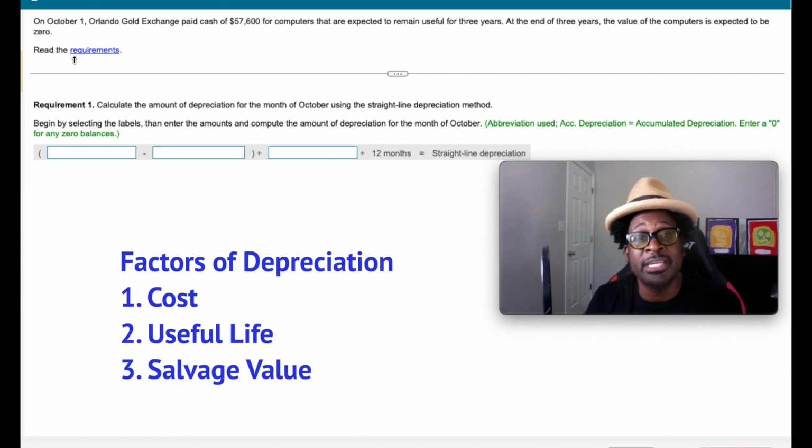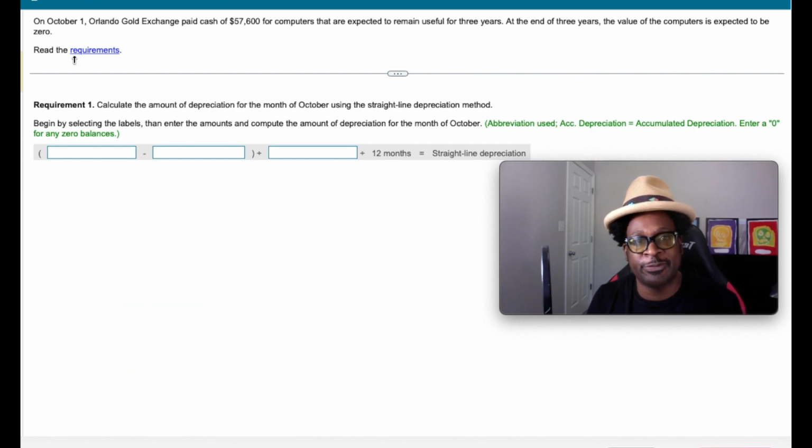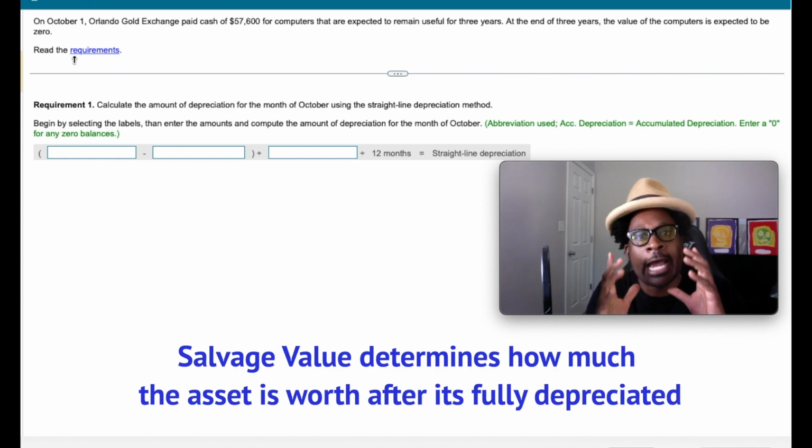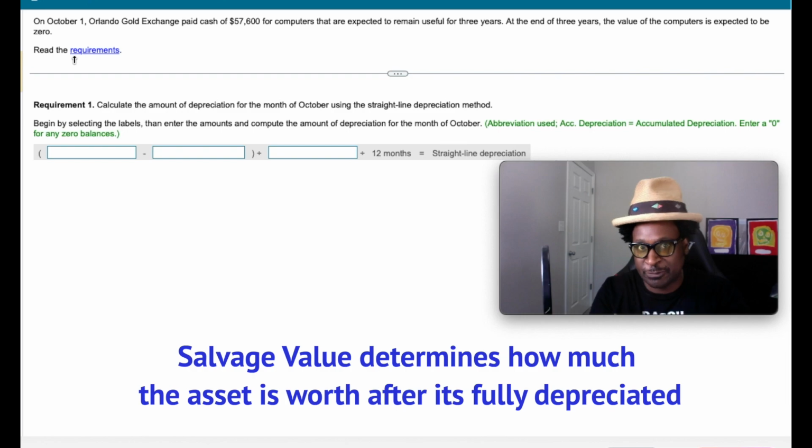Two, the useful life, how many years we expect to depreciate this asset. And last but not least, the residual or salvage value. Basically, the residual or salvage value simply means how much of the value of the asset will remain after it's fully depreciated. So within this particular problem, we have no salvage value.